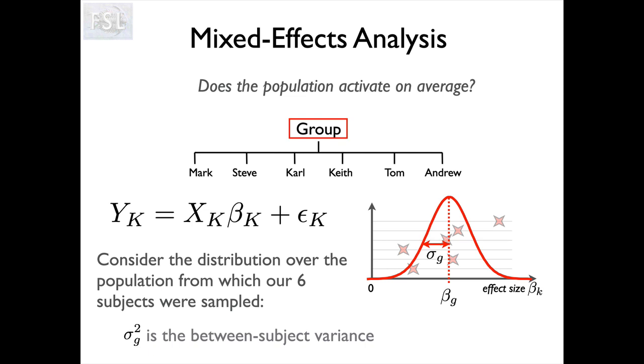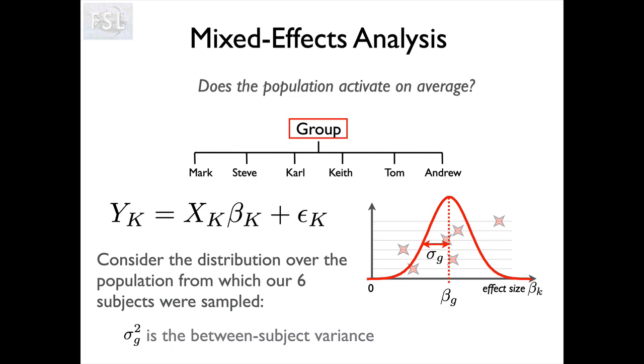We'd get something different. And how different that would be is estimated by how different the particular sample that we've got is. So there is some population spread of what we would expect to see for activations in each individual.